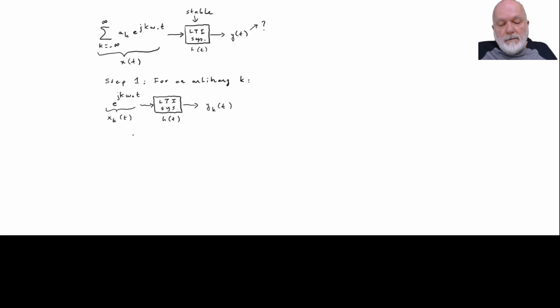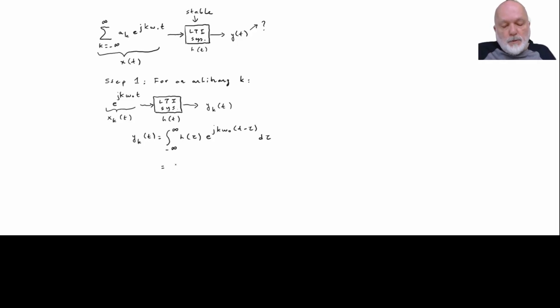Well, in a straightforward way, we just use the convolution integral. So y_k of t is the integral from minus infinity to plus infinity of h of tau e to the j k omega 0 (t minus tau), integrated with respect to tau.